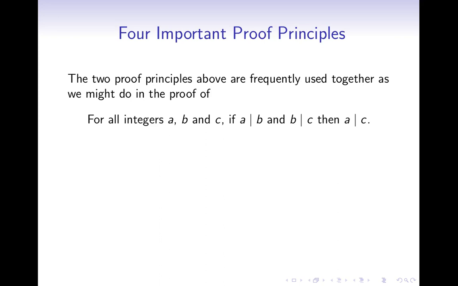Frequently they're used together like this. So if you want to prove for all integers a, b, and c, the if-then statement, if a divides b and b divides c, then a divides c, you assume a, b, and c are integers, and you assume a divides b and b divides c, combining the two things that we did earlier into one step.